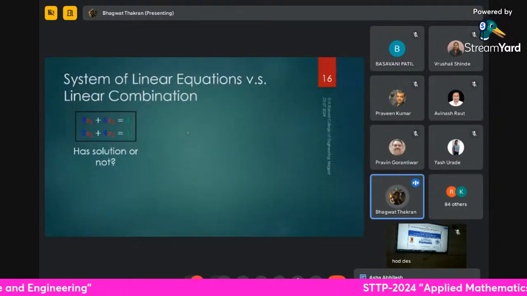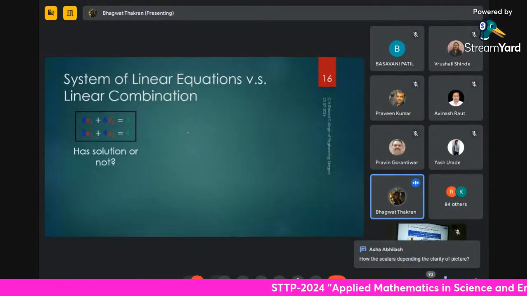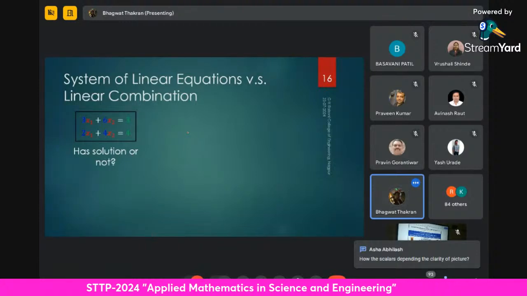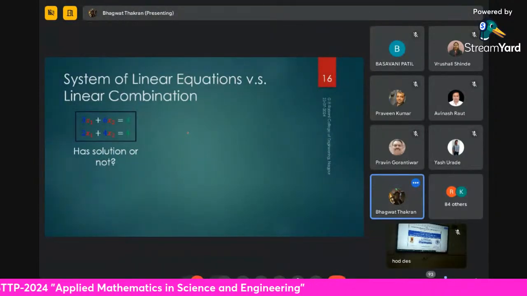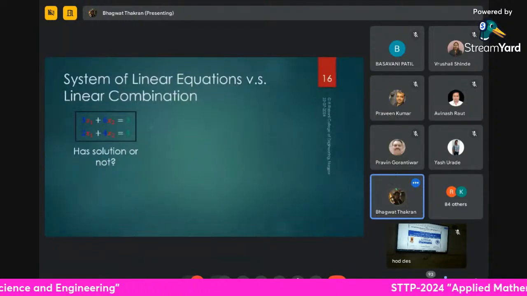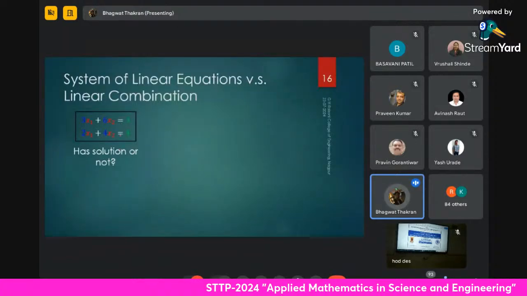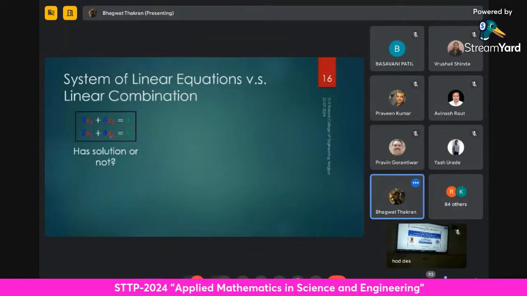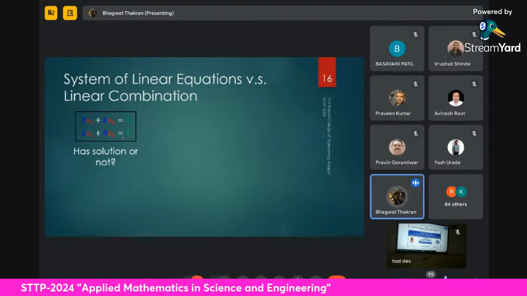And further, how can we relate this linear combination with a system of linear equations? Suppose I consider a system of two equations, say 3x1 plus 6x2 equals 3, and 2x1 plus 4x2 equals 4.